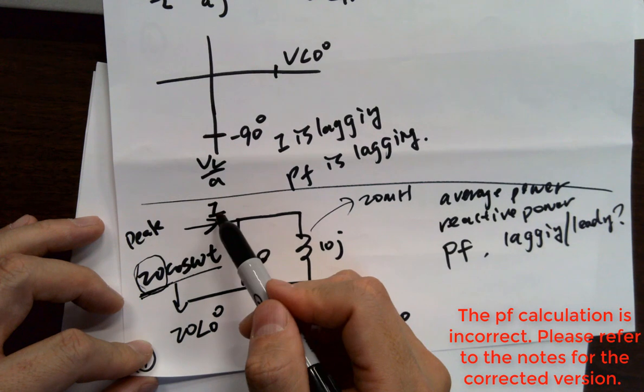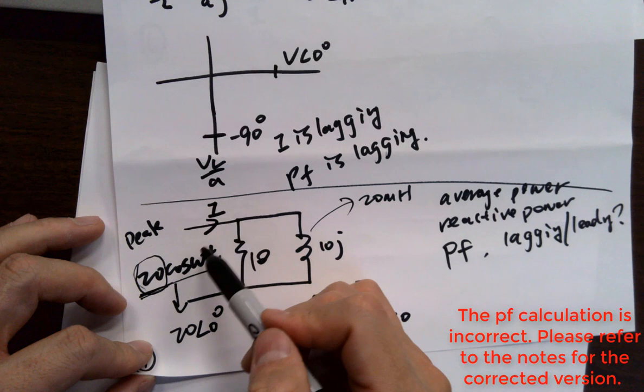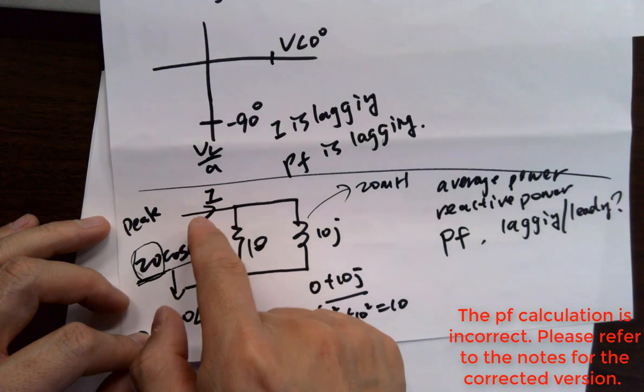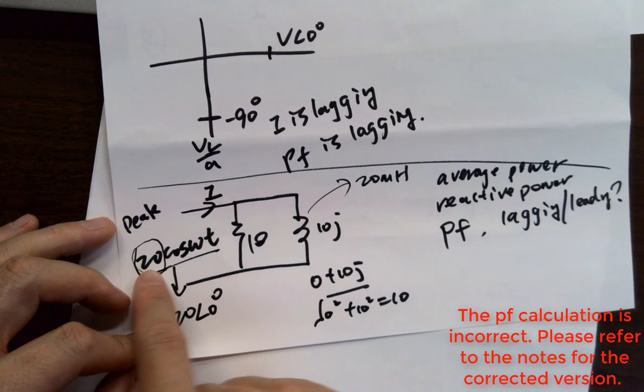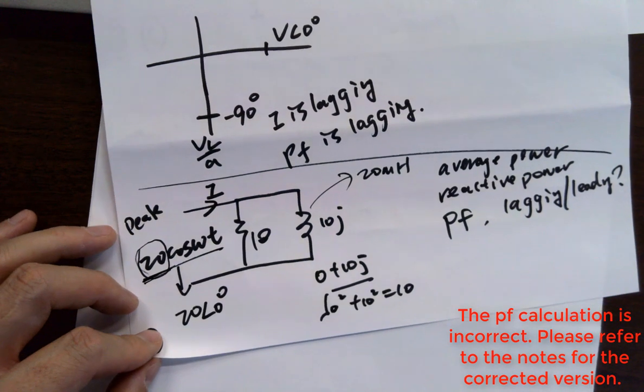See if the current is leading or lagging. If the current is leading, then the power factor is leading. If the current is lagging, the power factor is lagging. Either way, I can directly tell it's definitely lagging, but you can verify it by dividing the voltage by the complex impedance and finding the complex current as well.